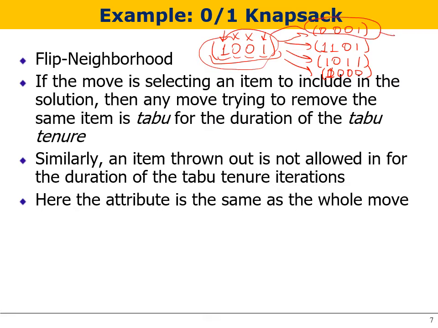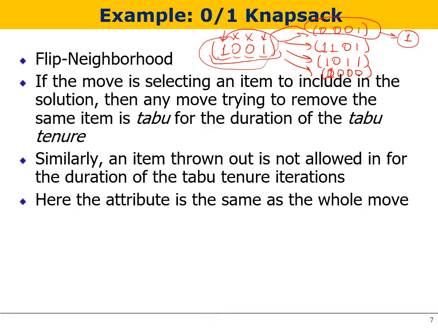We flipped the first variable. So we will keep this 1 as taboo, and it will be called the taboo criterion. So it will stay in the taboo list for a duration of time. Temporarily, we will forbid flipping the first variable again. Okay, and by this way, we want to avoid cycling.